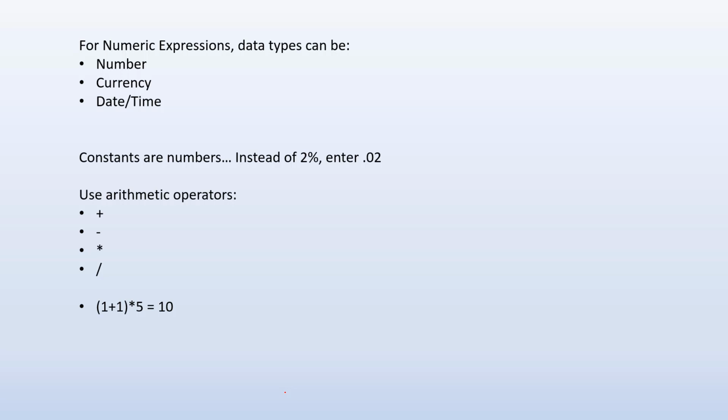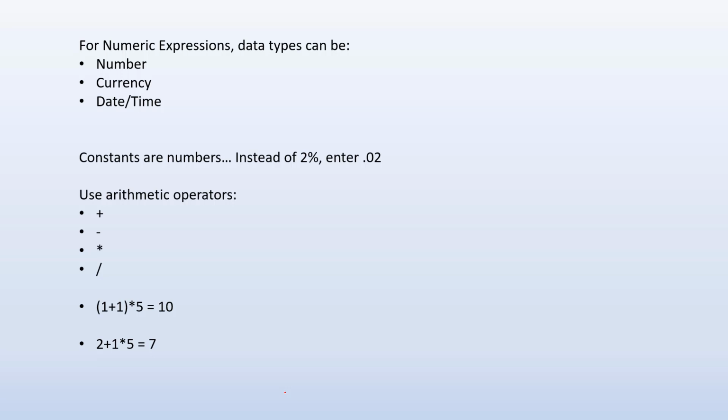Now, the order of your expression is like your standard arithmetic expression. So whatever's in parentheses will take precedence first. So 1 plus 1, you'd have 2, and then multiply that times 5 would be 10. If it is written without parentheses, okay, multiplication division takes precedence.